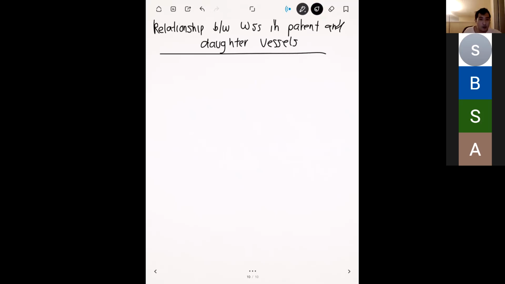And so for this, let's assume for now that both the daughter vessels have the same radius. Okay. And so we're going to be making that assumption just to make the calculations easier. But this applies for all daughter vessels. It's a simplification for now, but the result is general. Okay.